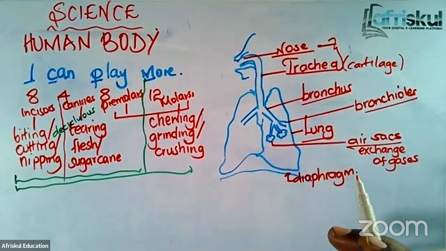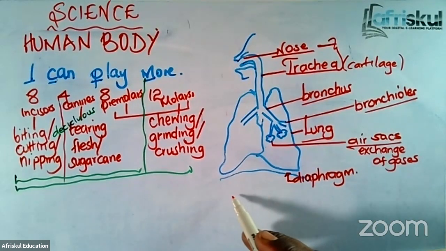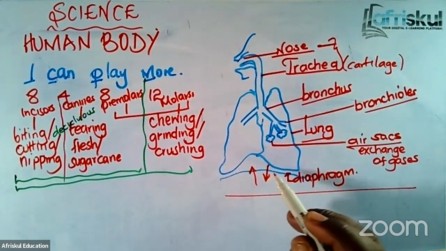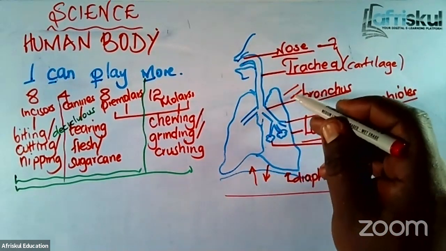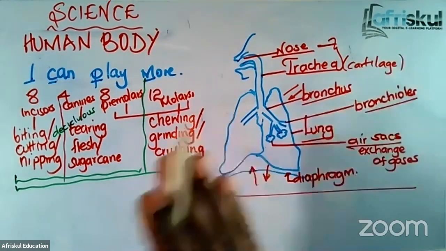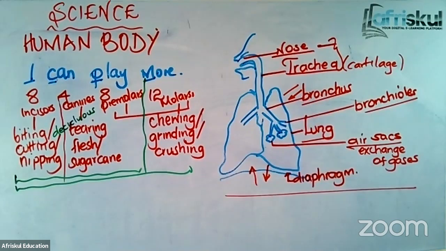It moves down to separate the abdomen and the chest to allow room for the air. That's very nice. And that's the breathing system. The diaphragm moves up and down. The ribs move upwards and outwards, then downwards and inwards. All this is to create room for the air. I hope you know the process of breathing.